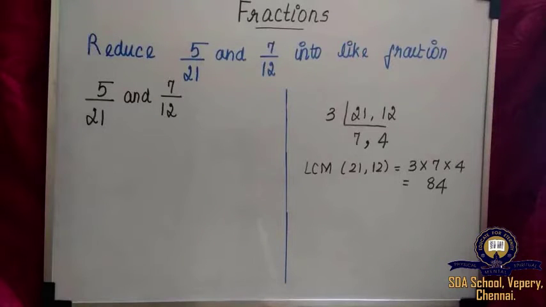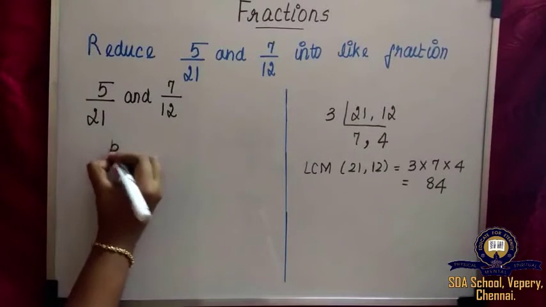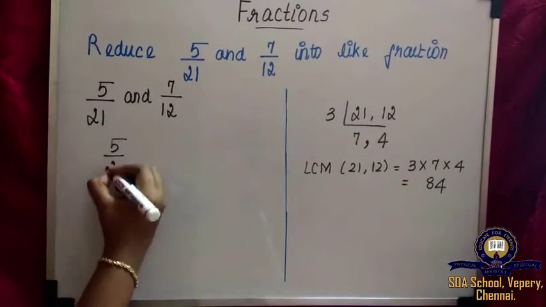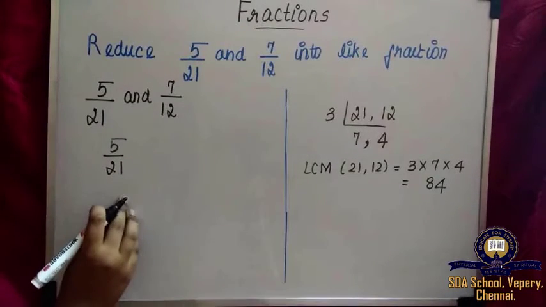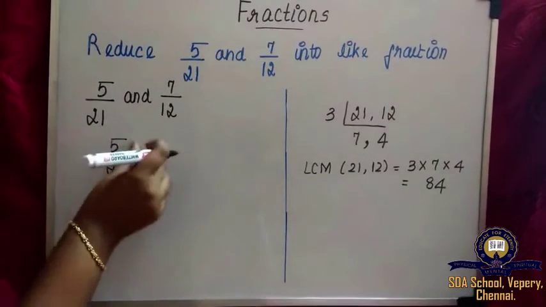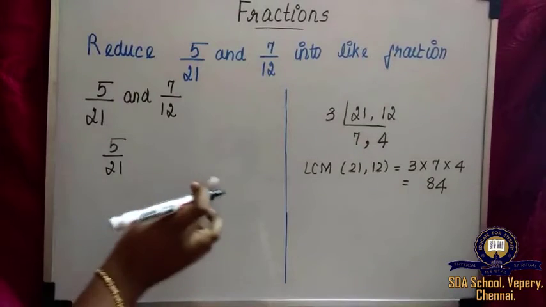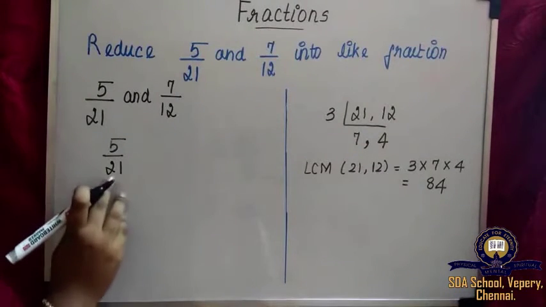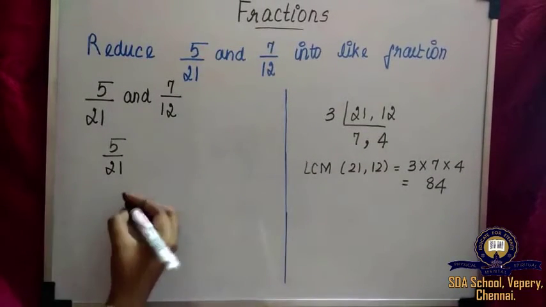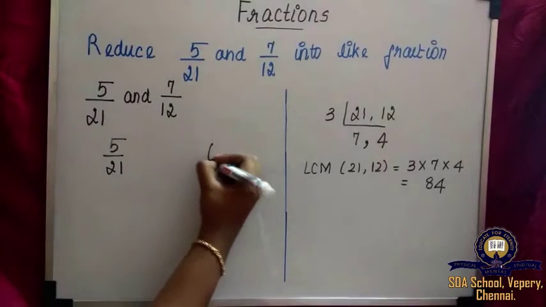Next, we have to multiply the numerator and denominator of each fraction by LCM divided by denominator. So first we will take this first fraction, 5 by 21. We have to multiply the numerator as well as the denominator by LCM divided by the denominator. So the LCM is 84.